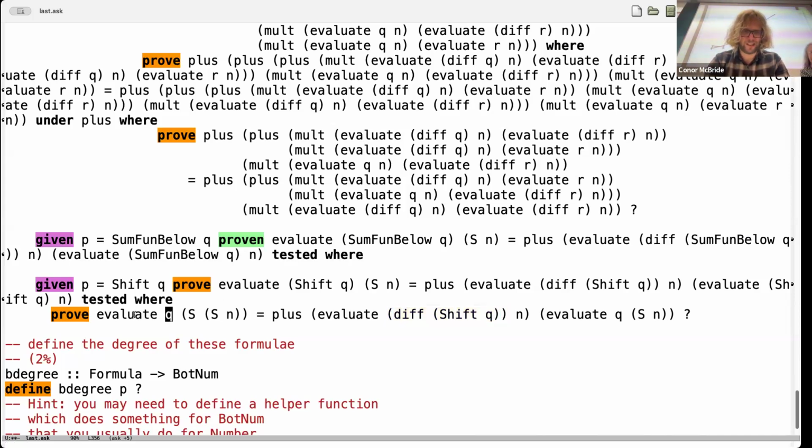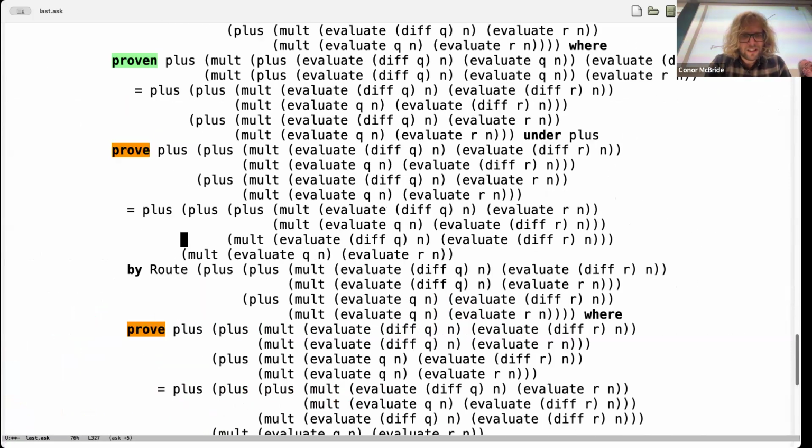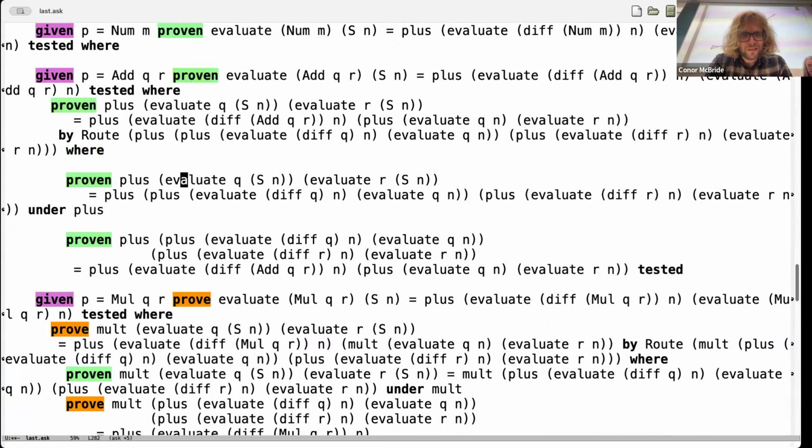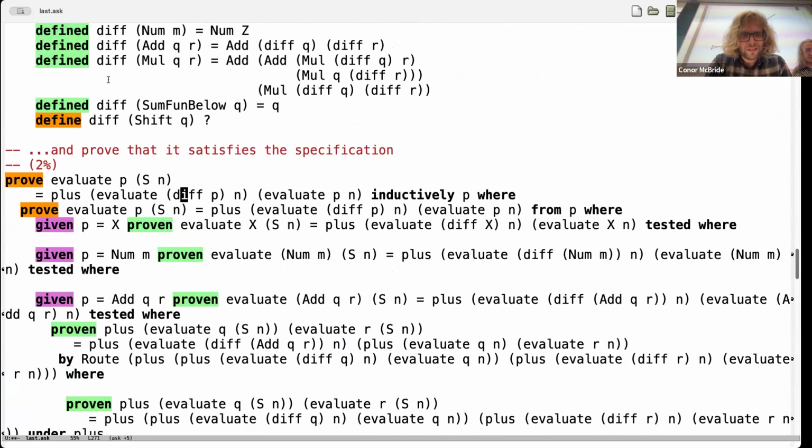But okay, so again, here on the left-hand side, we know something inductively, namely that this thing here should be the same thing as, because it's evaluate Q of a successor. So we know that inductively it should be something like this, right?